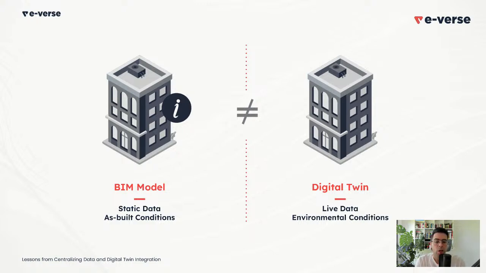The digital twin, in contrast to the BIM model, has live data. So, for example, how many people are currently in the building, the status of all the services, environmental conditions, etc. So it's much more than just the 3D geometrical representation of a building.